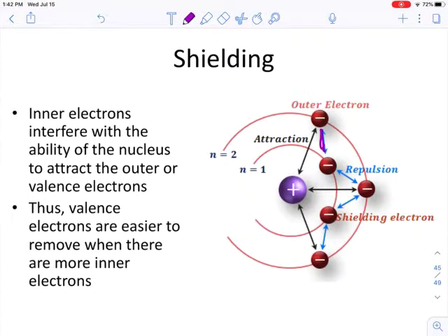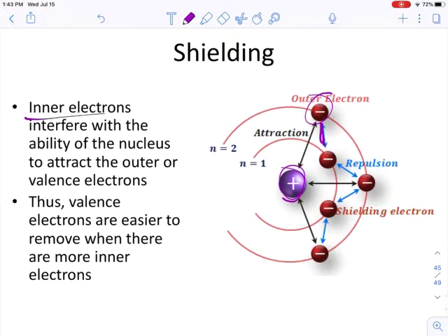And because they repel each other, that's going to make it harder for this nucleus to see those outer electrons. So shielding just says that inner electrons make it harder or interfere with the nucleus attracting the outer or valence electrons. Thus, consequently, valence electrons are easier to remove when there are more inner electrons.